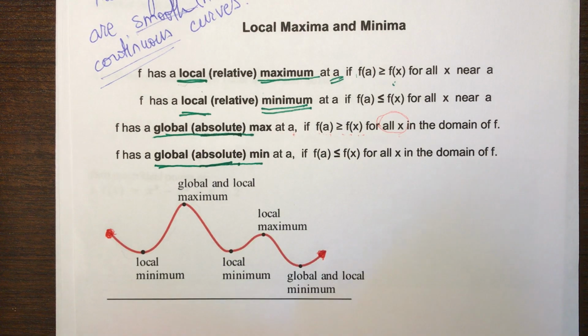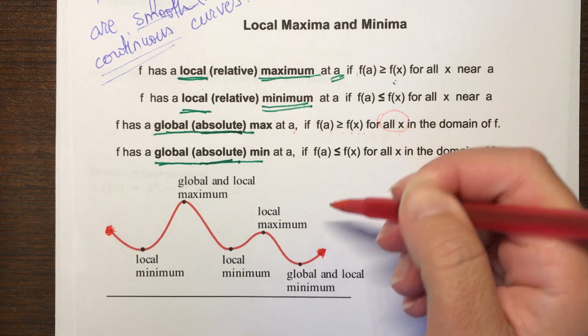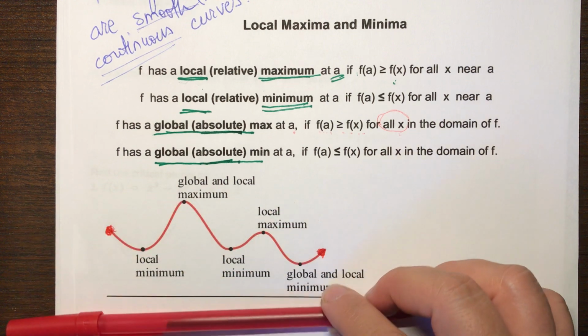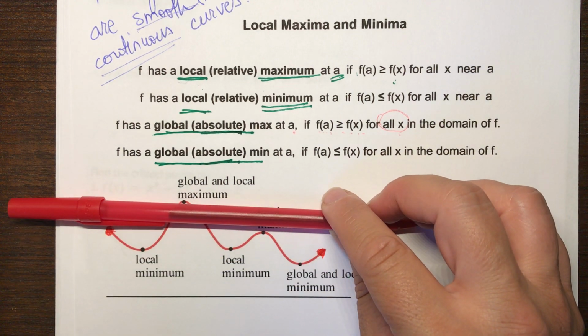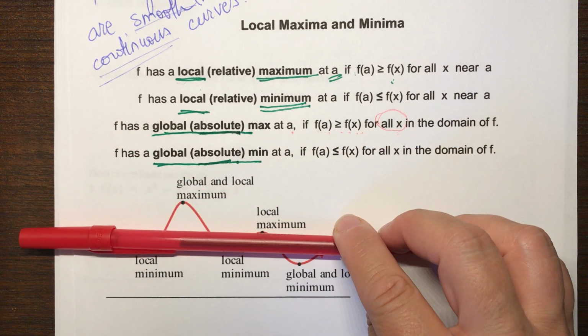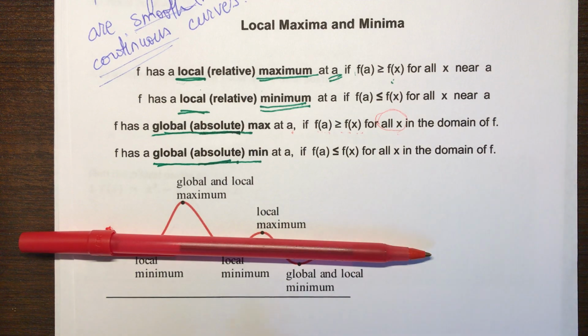And now looking at the whole graph, again, started here, ended here. There were no arrows, my bad. Is there a highest point on this graph? Yes, that's your absolute max. Is there a lowest point on this graph? Yes, right here, that's your absolute min.